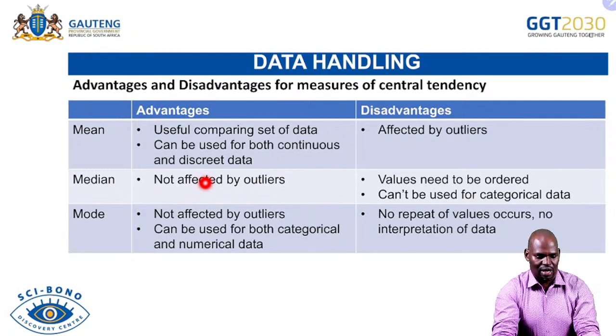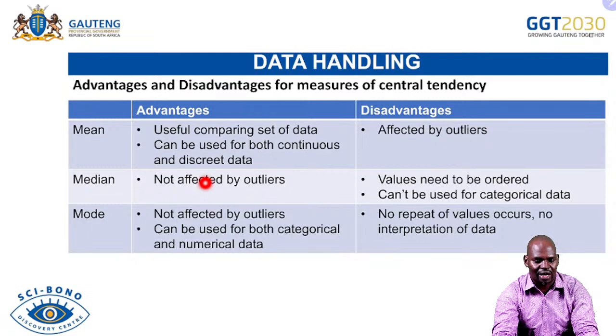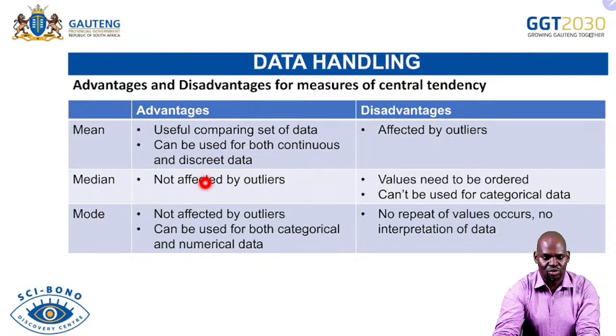Remember, last time we spoke about continuous and discrete data, and continuous, remember we said it's that data that must be collected by measuring, okay? And then discrete data is the data that must be collected by counting. The disadvantage is it is affected by an outlier. It might give a wrong impression because of an outlier.